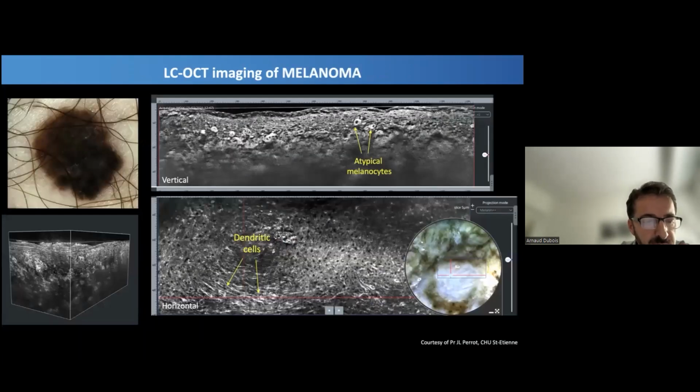And here are other images of melanoma. Thanks to the high resolution of LC-OCT, it's possible to visualize abnormal melanocytic cells and the abnormal proliferation of dendritic cells, which is characteristic of melanoma.